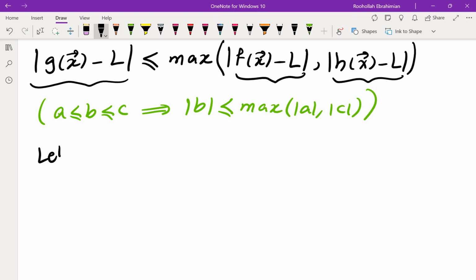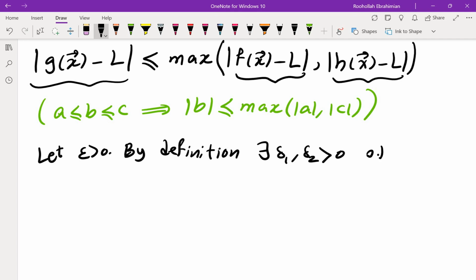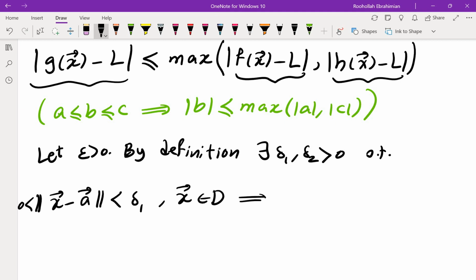So let epsilon be positive. By definition, we know that there are some delta 1 and delta 2 positive such that if the norm of x minus a is less than delta 1 and x is in D, then the distance between f of x and L is less than epsilon.